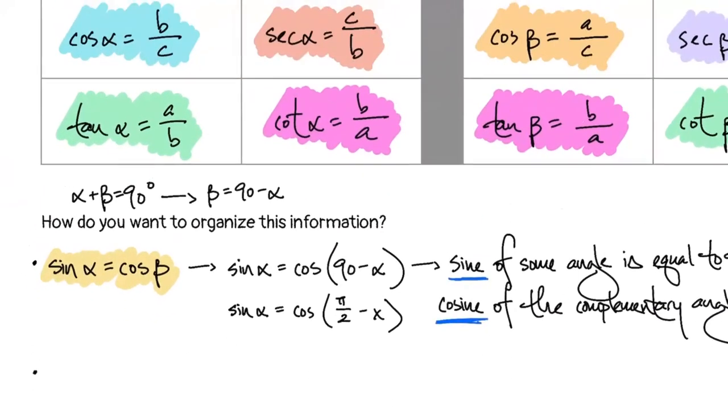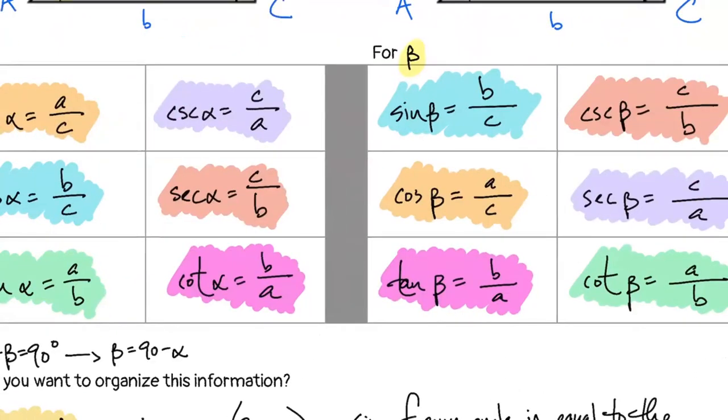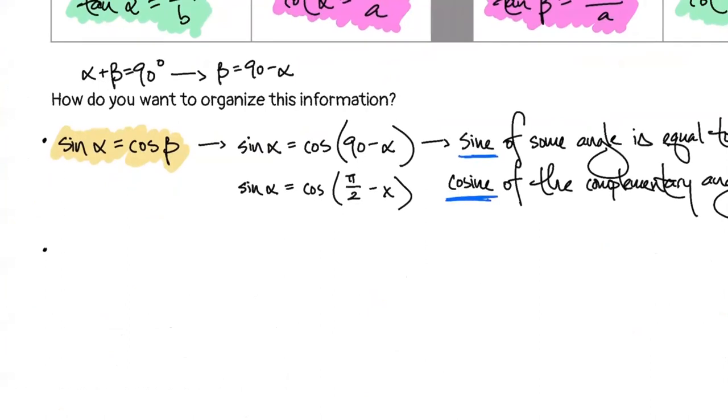Let's pick the purple one, the cosecant and the secant. So secant alpha equals cosecant beta. Another way I could write that is secant alpha equals cosecant 90 minus alpha.